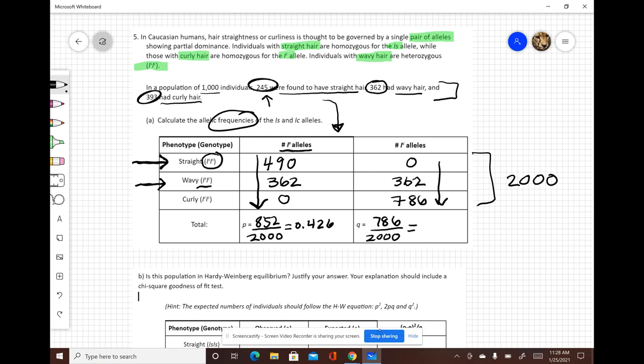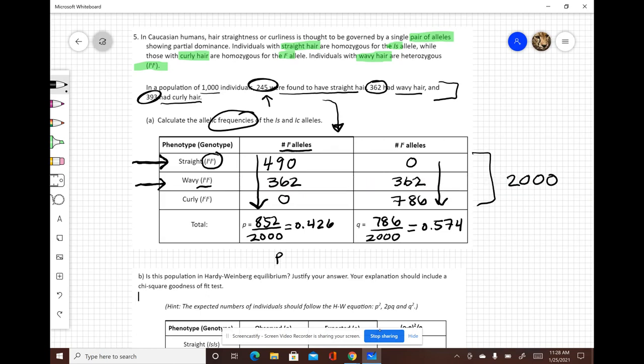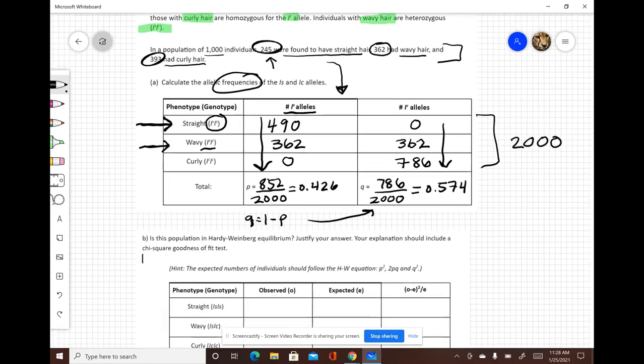And then Q should be something like 0.574. And again, if you know P, you can find Q by taking 1 minus P, and that should also equal the same thing over there. Okay, so that's my first part.